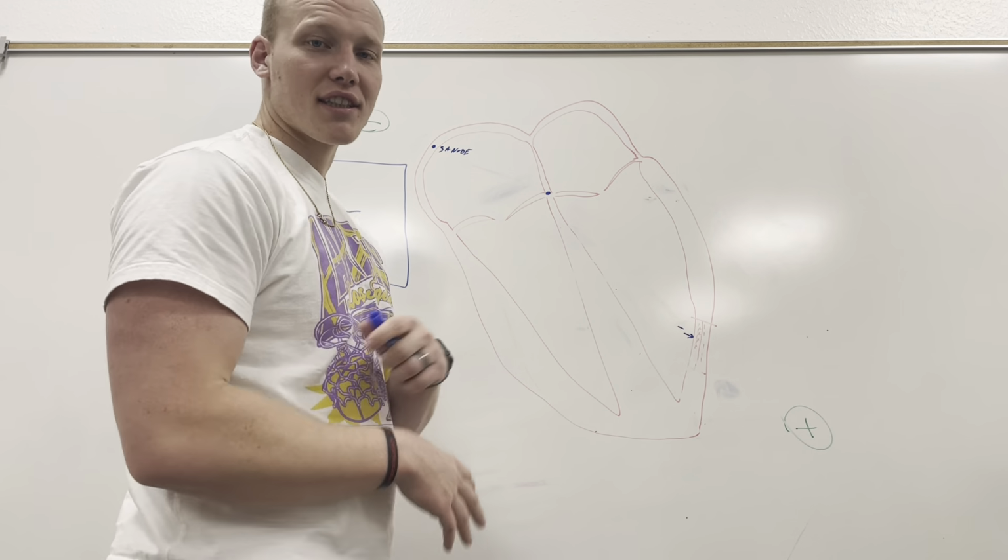So we have beta 1 receptors in the heart that will accept different adrenergic agonists, I guess. So like epinephrine, norepinephrine, those sort of things. So when we have a fight or flight response, right? We're trying to get the heart rate up, get things going.